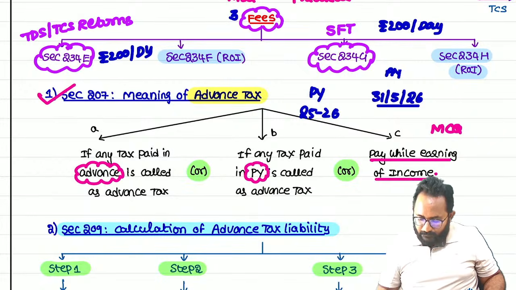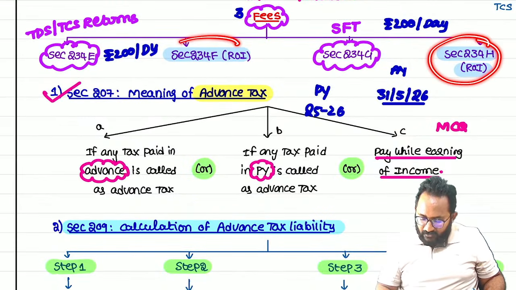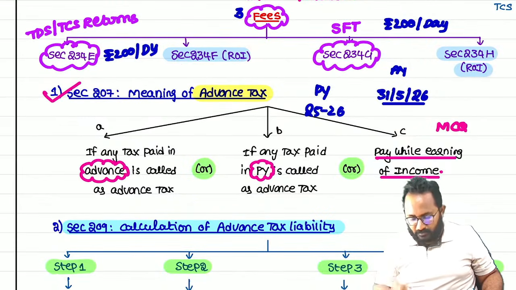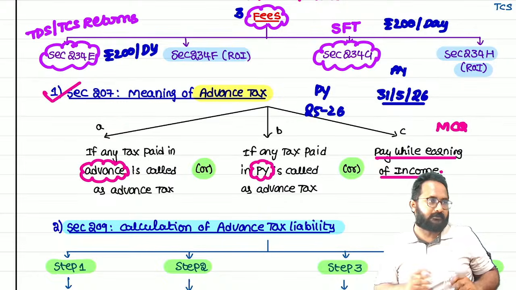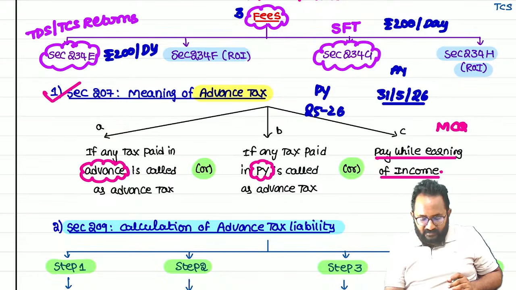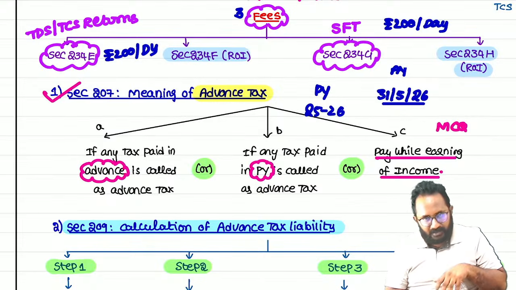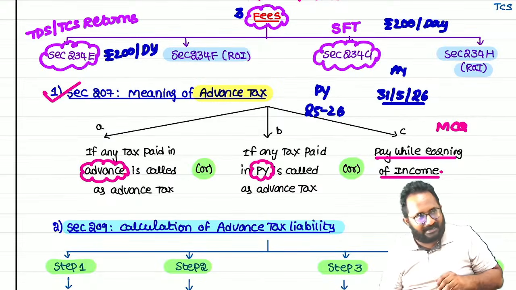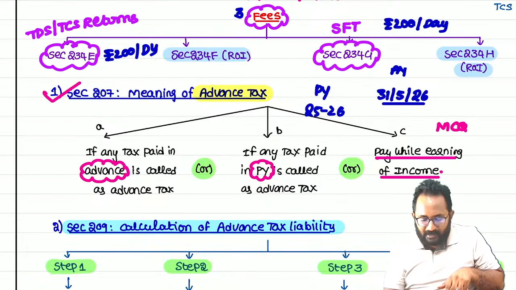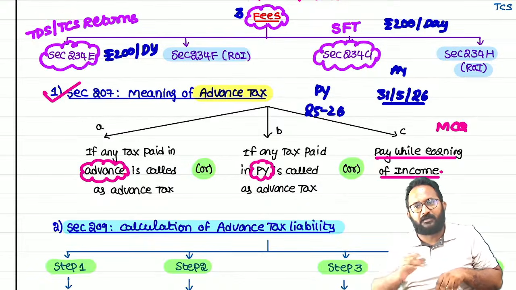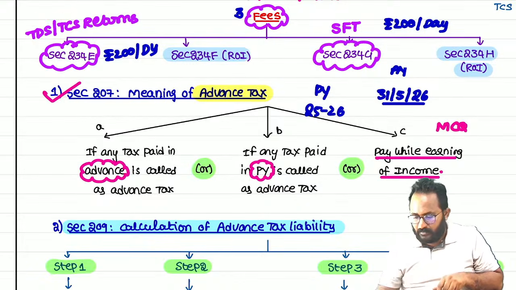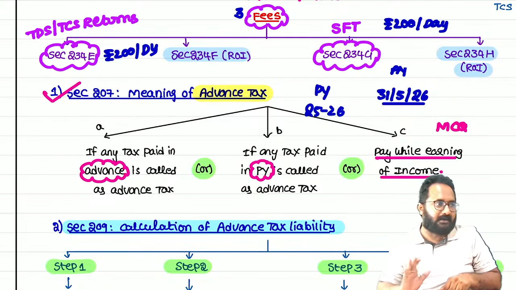If you observe, these two already fees covered in return of income. These two you have to refer here. Both sections E and G are the same fees, 200 per day only. But here the maximum amount of fees should not exceed TDS. Here the maximum is not there.